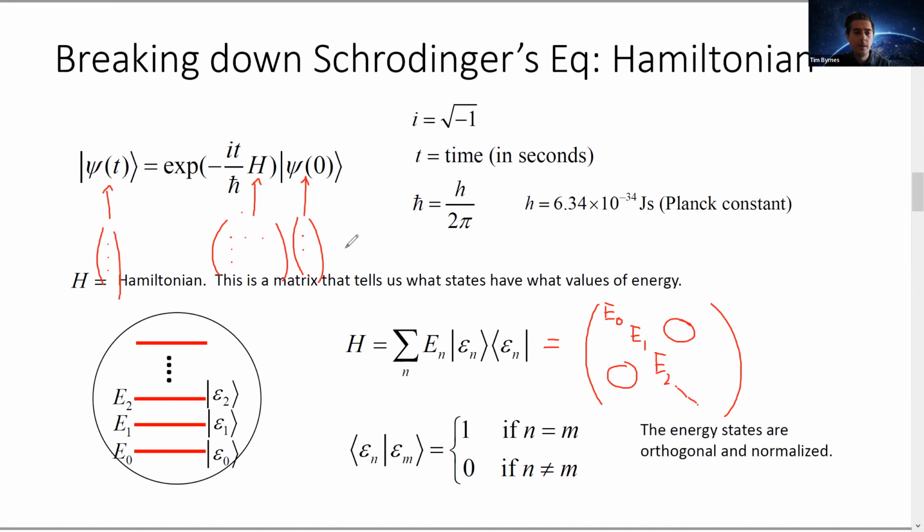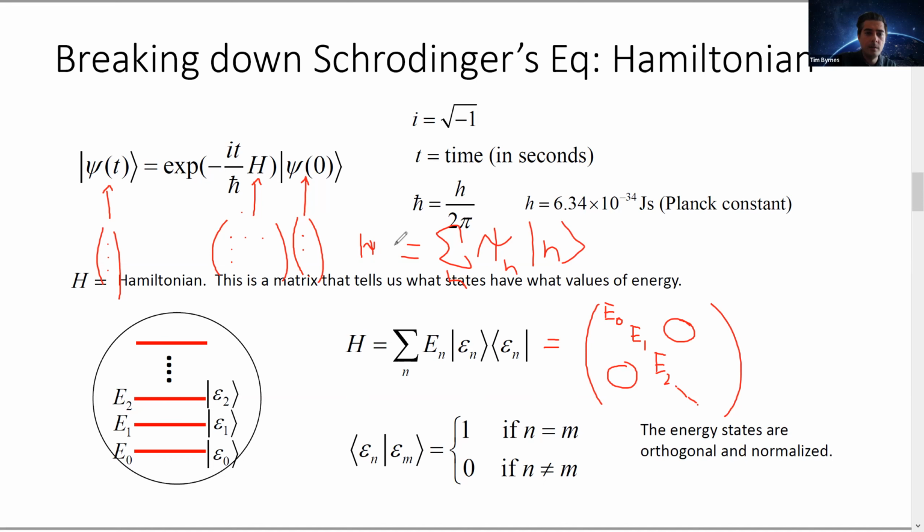Now, this is actually a little bit more complicated than it looks, because these states here, if I wrote down this state, I might write something like psi n. Let's be a little bit more specific and say what time it is.